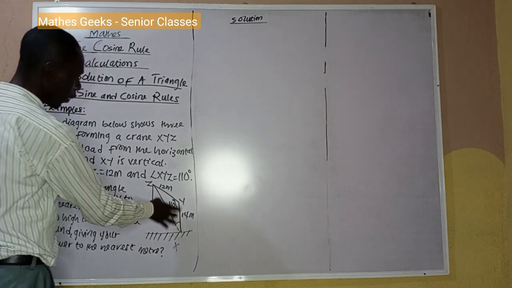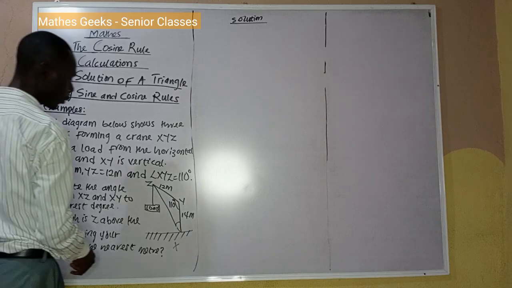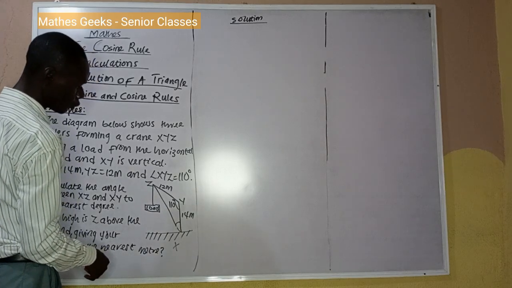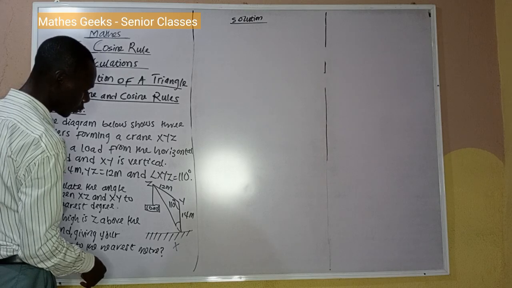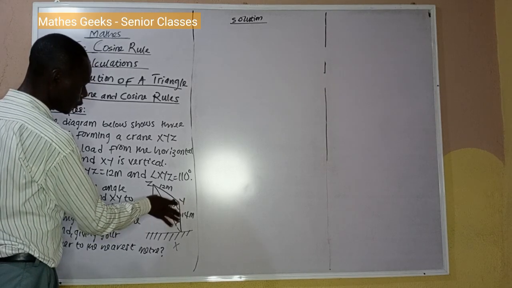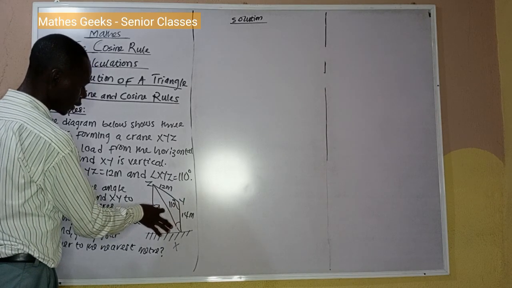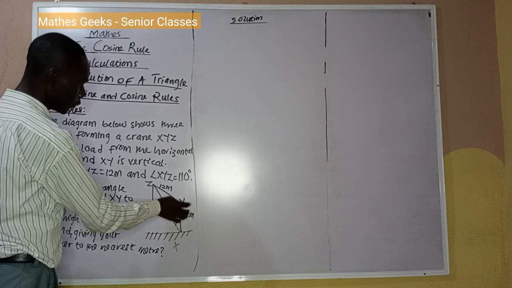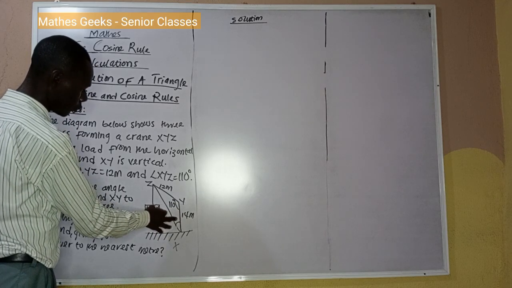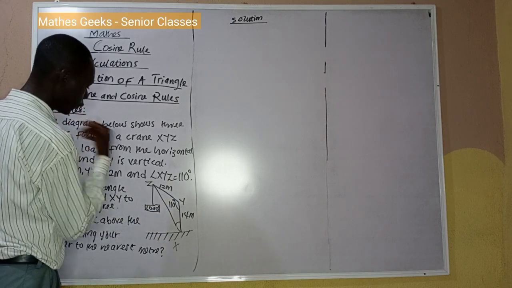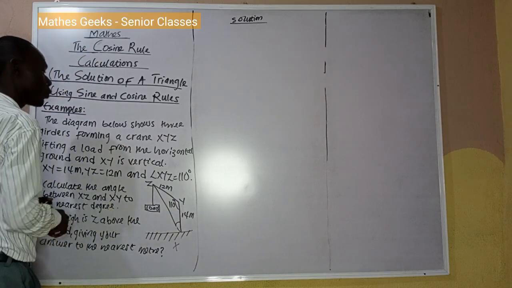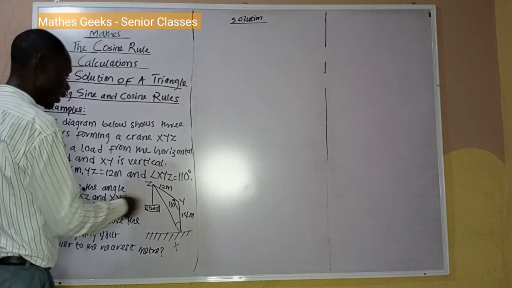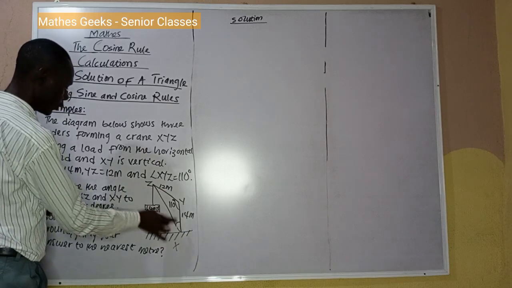For the sine rule, we need two angles and an included side. So this angle is given, but this side is not given, and this angle is not given, but this side is given. So we can't use the sine rule in this case. Rather, the cosine rule we are going to use first to get this line XZ.